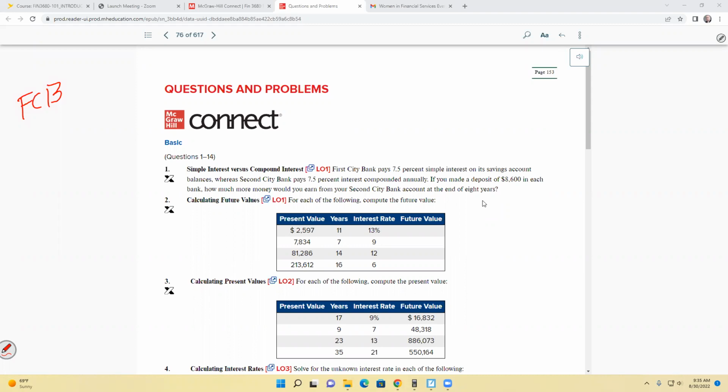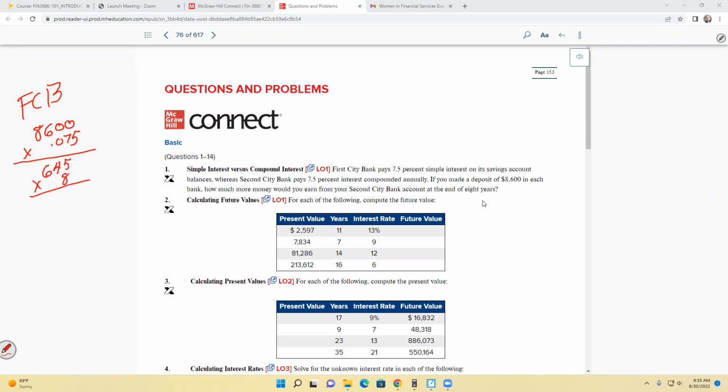One more time. Doesn't add on from the previous year, right? You just get interest on the principal only. Okay, so we got our $8,600 deposit. We're going to invest that at 7.5%. So how much is our interest? 645. Okay. And we're going to do that for 8 years, right?